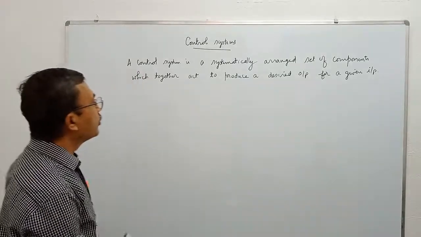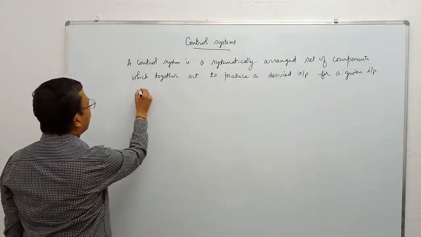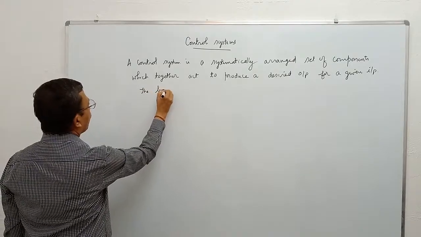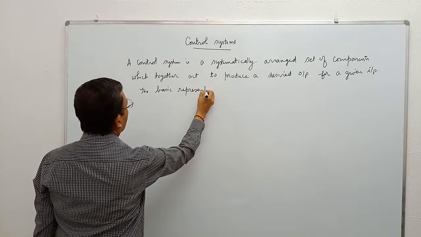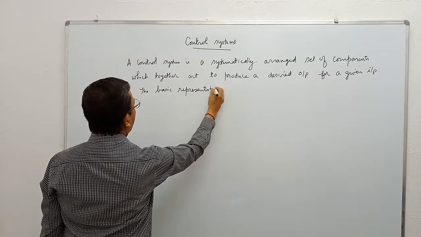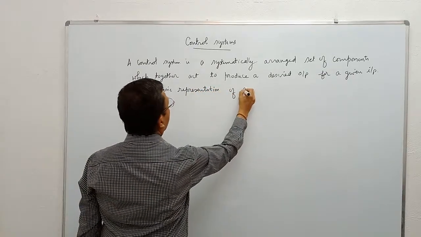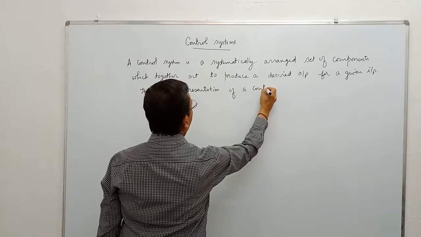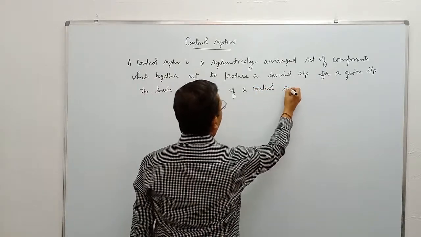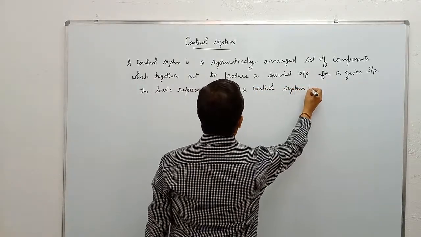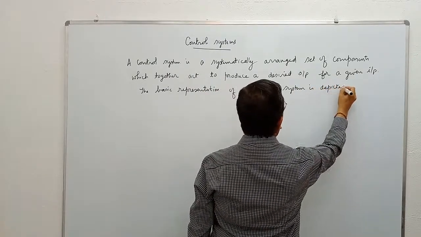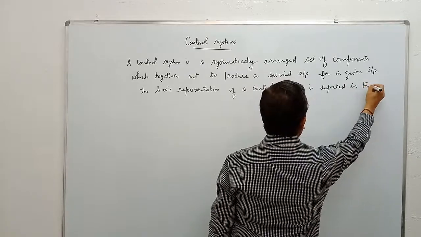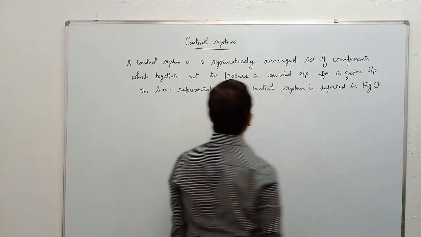The basic representation of a control system is depicted in figure 1.